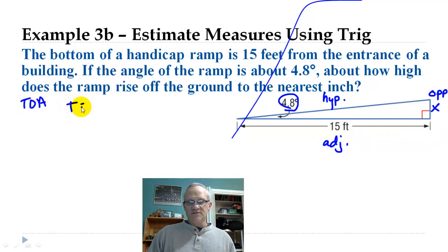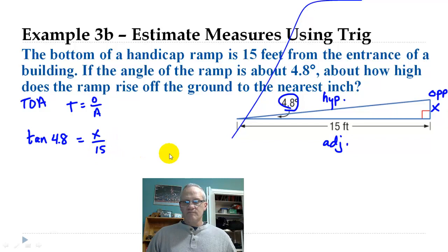The tangent is the opposite over adjacent. So the tangent of 4.8 equals the opposite, x, over 15. We have to get x by itself, so let's go times 15 to cancel that.